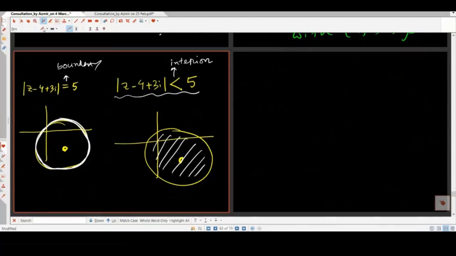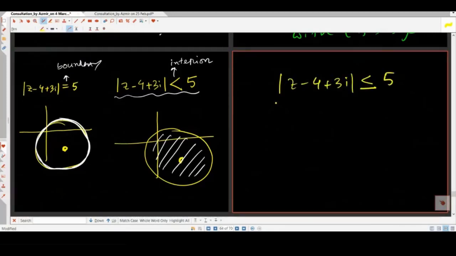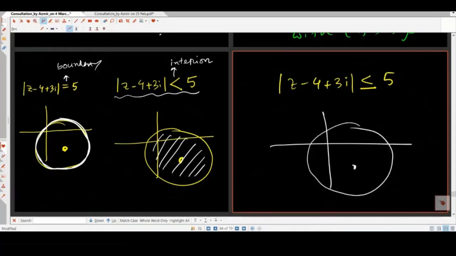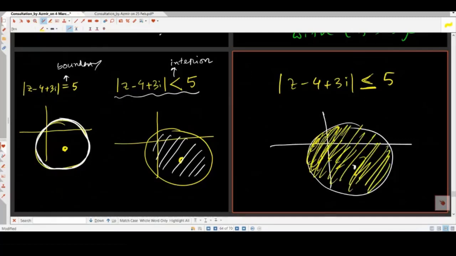If we have both less than and equal, then you will get the same graph, but this time for less than we have the interior part, and for equal to we have the boundary also. So the whole region is coming.